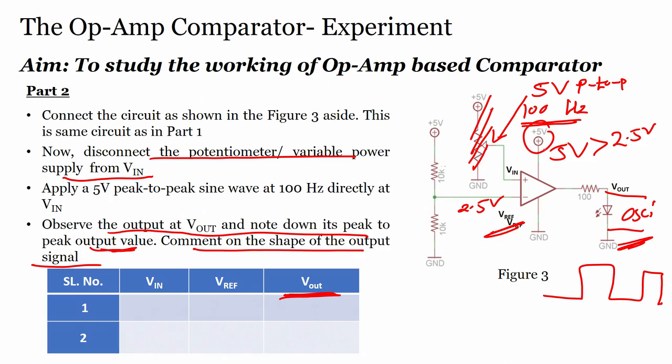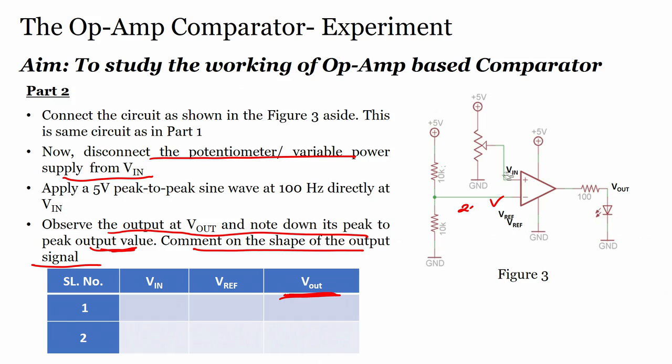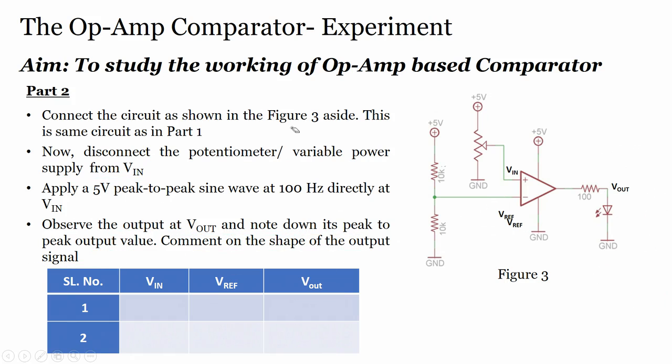Applying a sine wave here, the output will be square wave, alright. So, I hope that you understood the role of an operational amplifier as a comparator, and you will go through this lecture once again, so that you completely understand what I have discussed in this particular module.